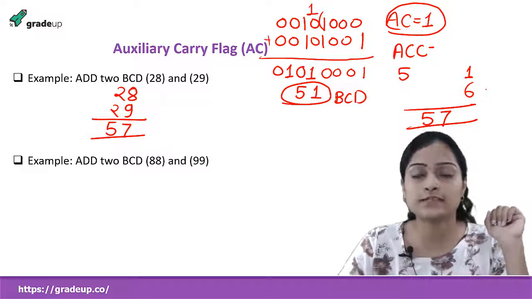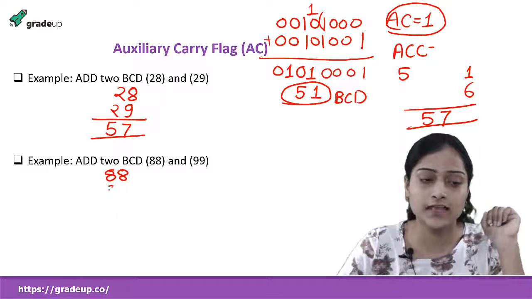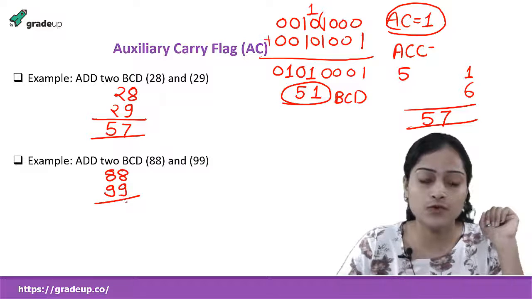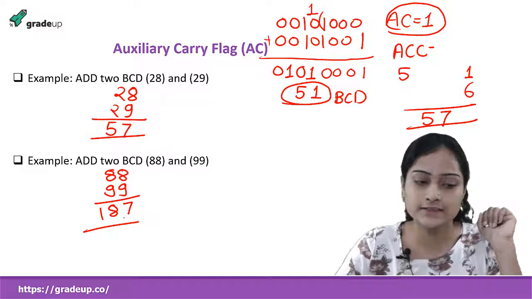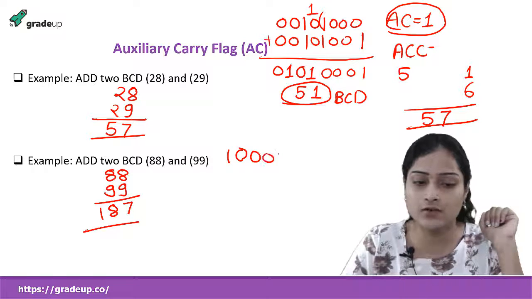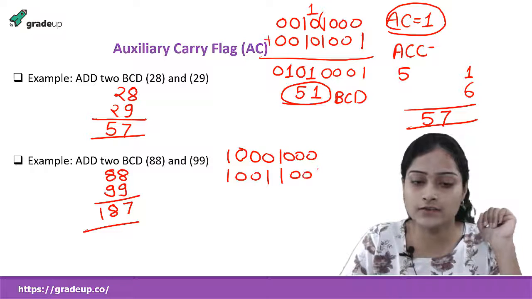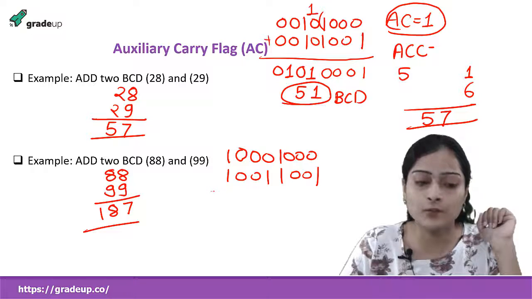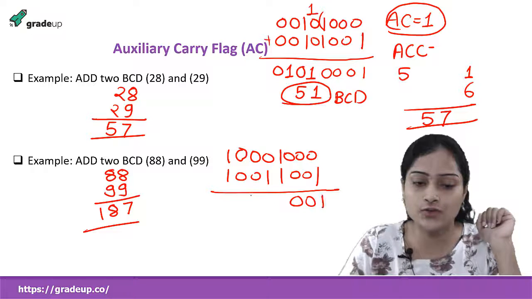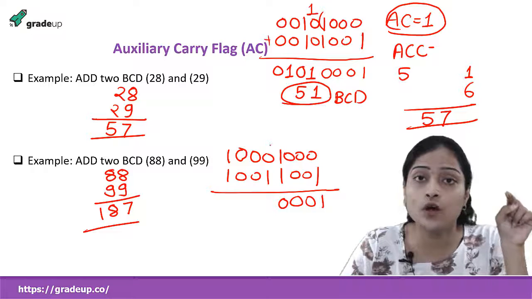Let us see one more example. Addition of 88 and 99. You know what it will be? 187. Okay, let us write it in the form of BCD: 1000 1000 and 1001 1001. When you are going to perform addition over here, see, 0010, 1 extra bit is generated from the lower nibble to the higher nibble.